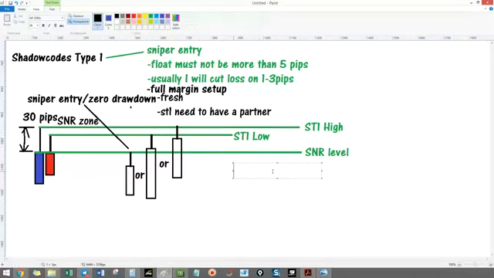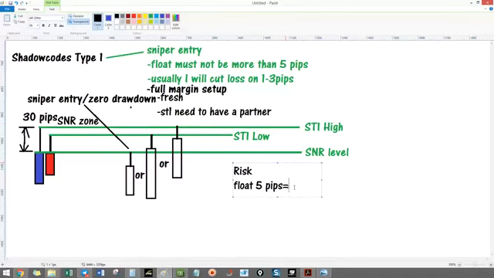So you're able to float, for example, 5 pips. So you have 3 levels. Over here, 5 pips and you cut loss. Over here, 5 pips and you cut loss. Over here, 5 pips and you cut loss.